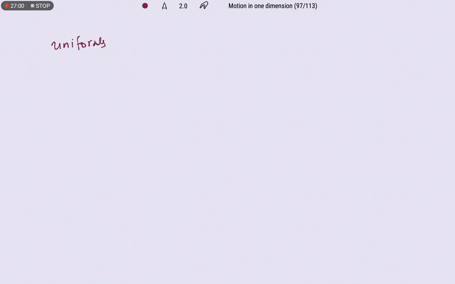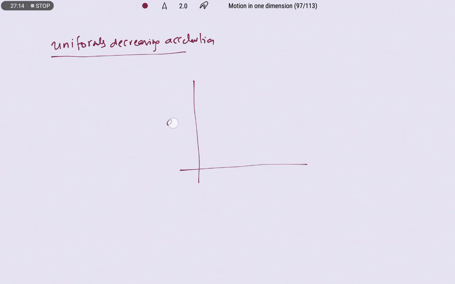Uniformly decreasing acceleration. For uniformly decreasing acceleration, the plot between acceleration and time is like this. In this case, theta is greater than 90 degrees.